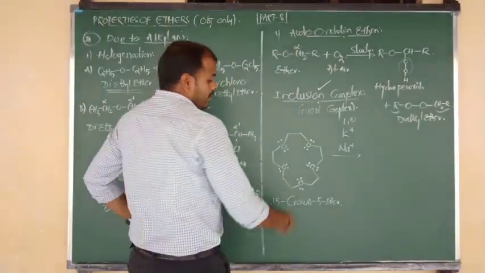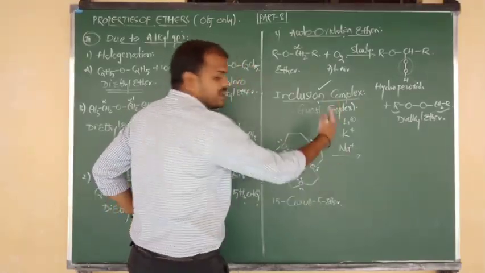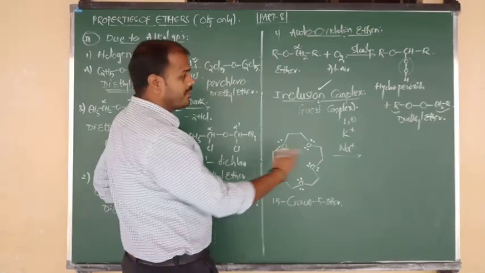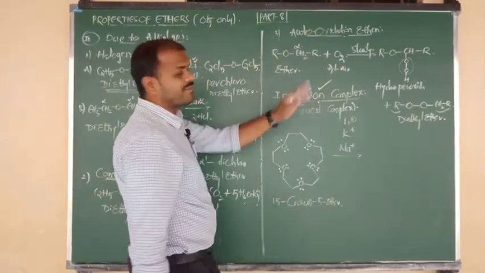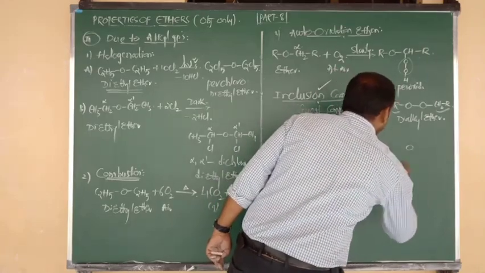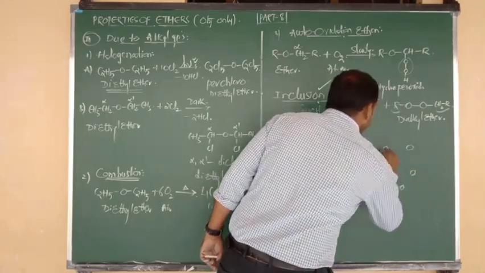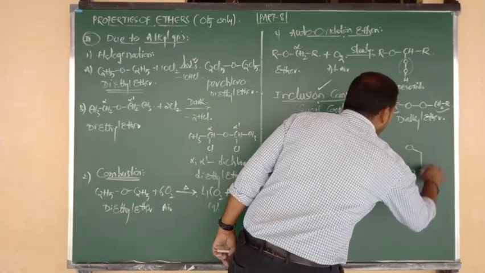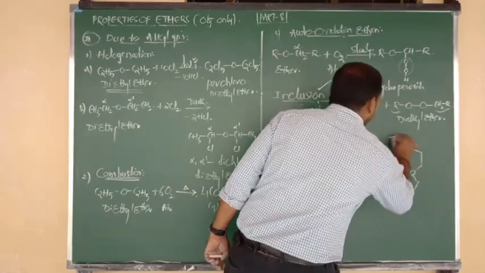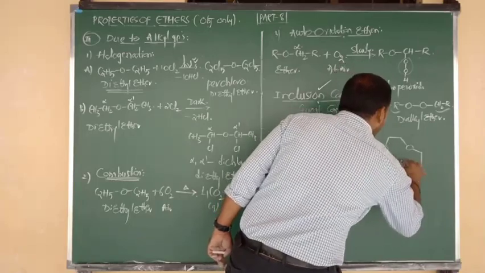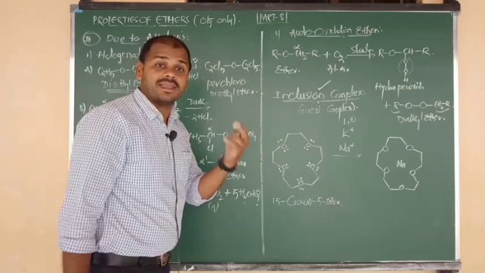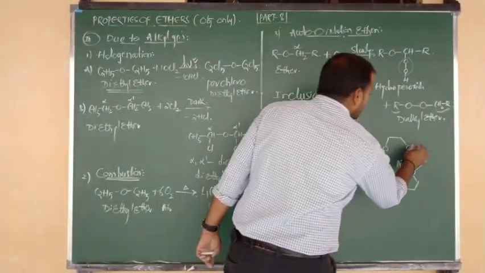Crown ethers, upon reaction with positive metal ions using any one of lithium, sodium or potassium, form the guest complex, or inclusion complex. Same crown ether formula I am going to write here. Which crown, beta? 15-crown-5 ether. And the central atom we have to write now is sodium, because it undergoes reaction with a positive metal ion, Na+.